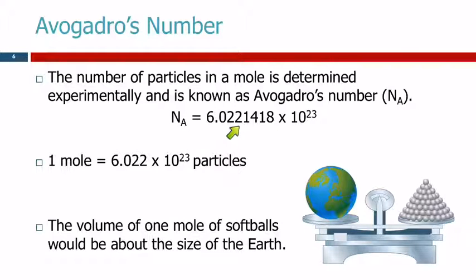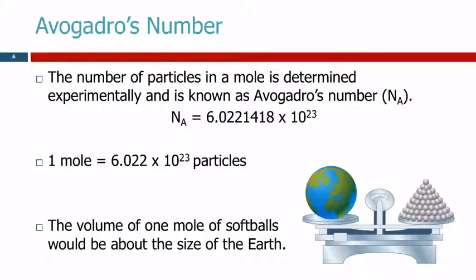As it's written here, it has 8 significant figures. That's a lot of significant figures, but it's not an exact number. This is called Avogadro's number after the scientist Amedeo Avogadro, whose work led to the determination of this number. It is given the symbol N sub A for Avogadro's number.